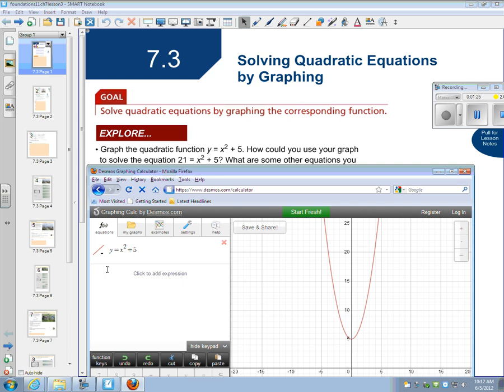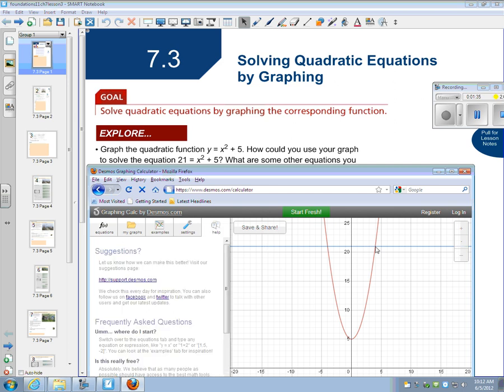Another way I could solve this is I could say, well, y equals 21. And I could actually look for the intersection. And for some reason I have to press help, but you can see y equals 21 when x equals 4. And then I can come over here and I can see it also equals 21 when x equals negative 4. So that's how I can solve it.